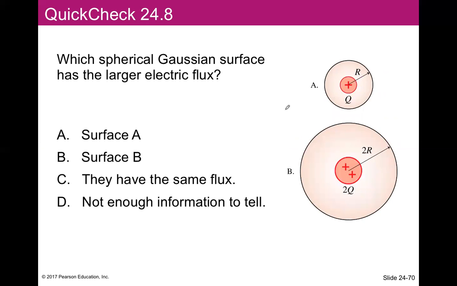Okay, so which one do you think is right? Which one has larger electric flux?